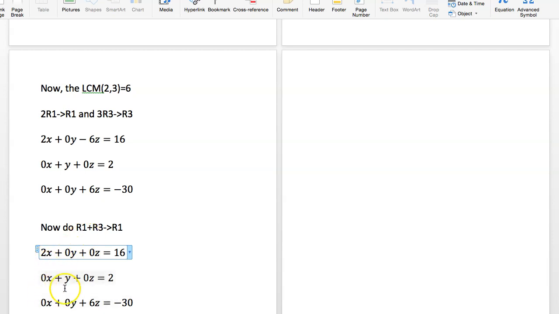0x and 2x, no change. 0y, 0y, no change. Now 6 and -6 is 0. So put that there. Now -30 and 16, that's -14.